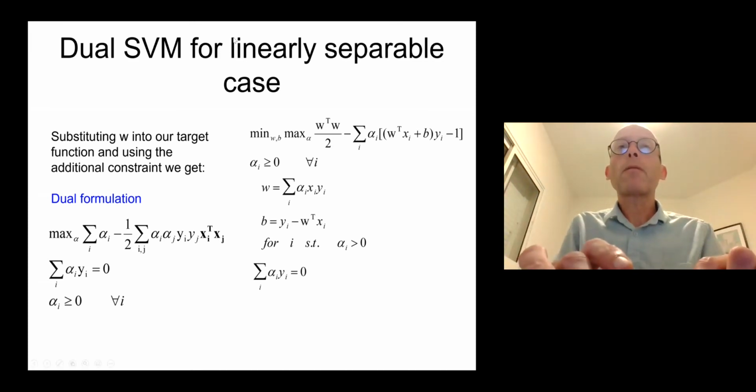Someone asked: when doing the min-max here, does the order of the min-max matter? The order does matter in writing the analysis. The fact that we are minimizing with respect to W and maximizing with respect to alpha is important.